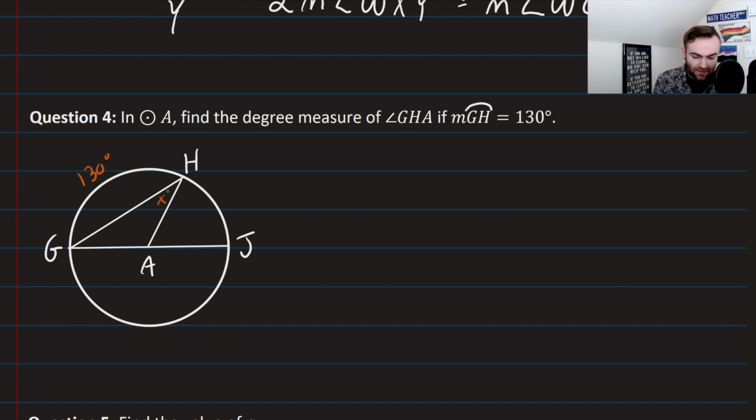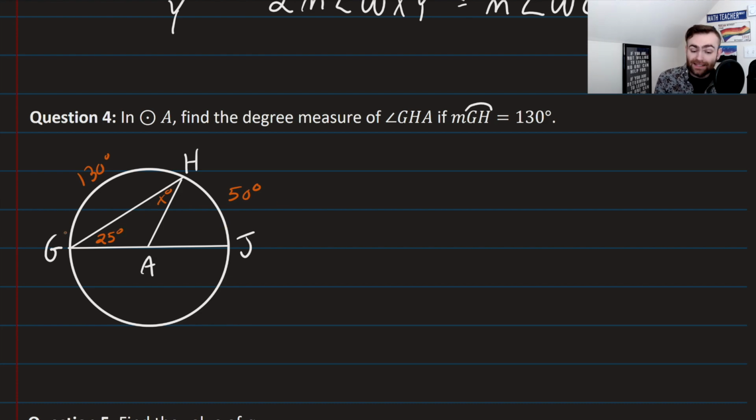GHA is here, so let's put a little X there. Well, if I know that this part is 130 degrees, and this is a diameter, I know that half of this circle should be 180, meaning that this is 50 degrees, because 180 minus 130 is 50. And if the arc measure is 50, its corresponding inscribed angle should be half, or 25 degrees.